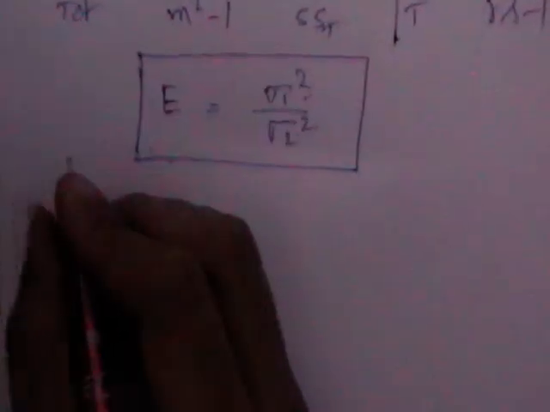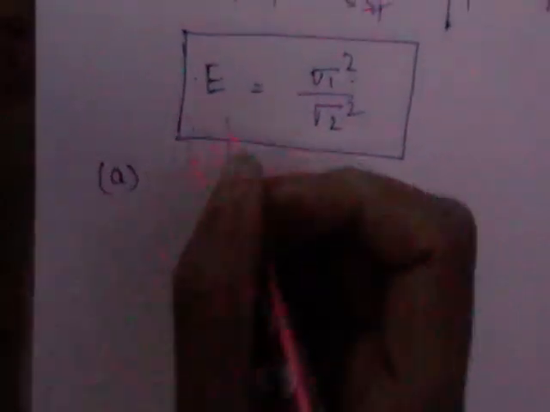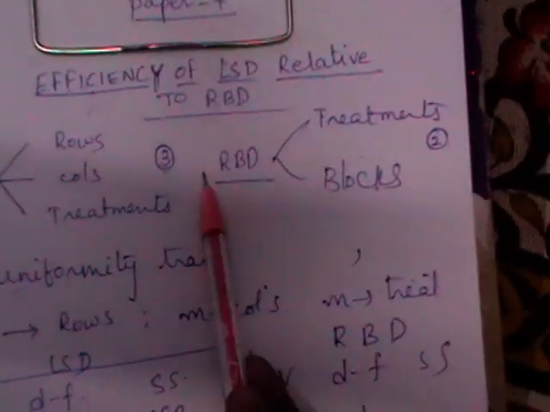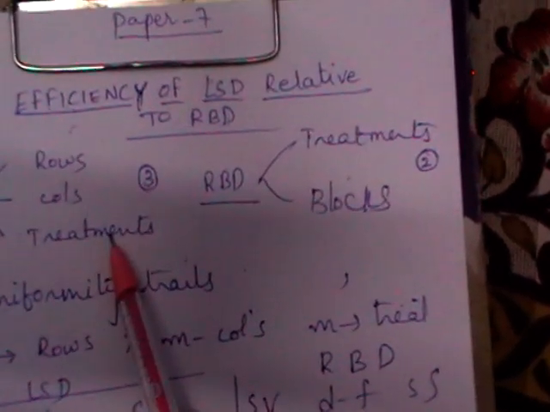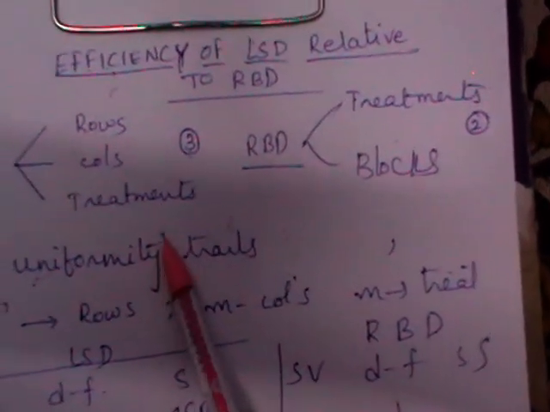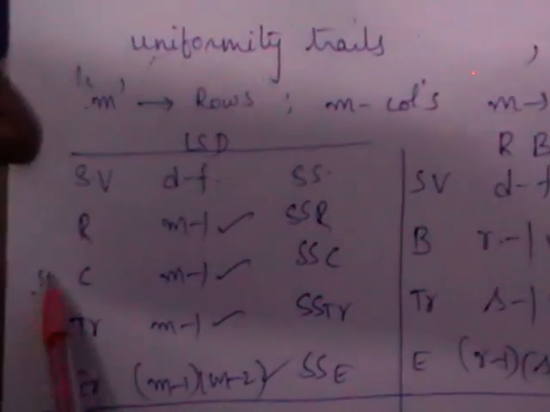Now to apply the efficiency of LSD over RBD, first of all, I said you have three factors and two factors. You should balance these two, so one of these should be added to the error. Before comparison, there should be an equal number of sources in these two.